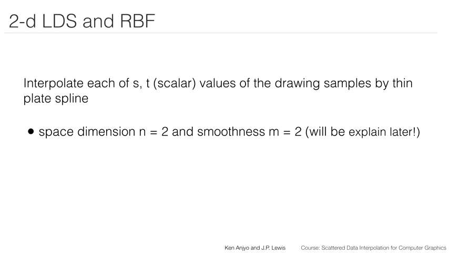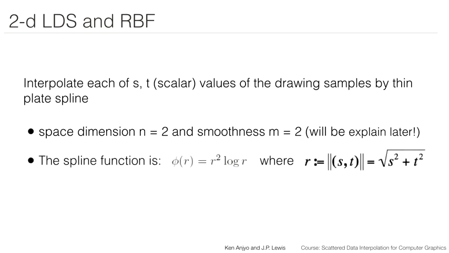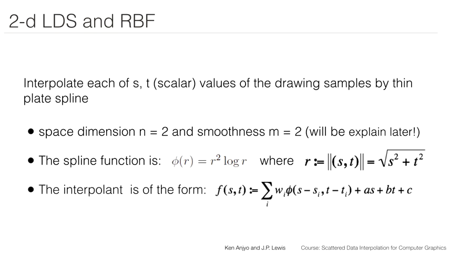I will explain that later. Then we have this kind of radial basis function, which is called thin plate spline. The general form of the interpolant is shown in the final line. We have also added some linear term, as plus bt plus c.